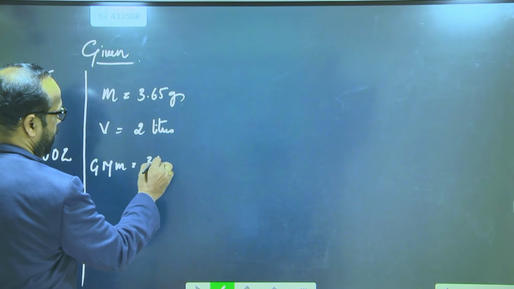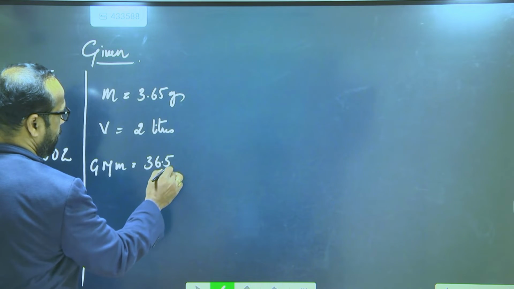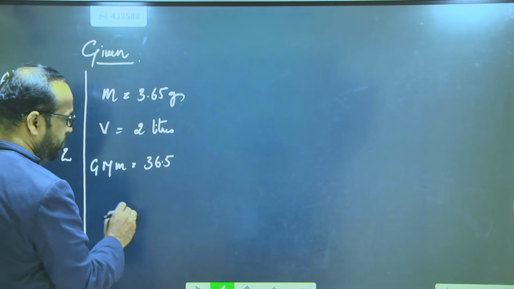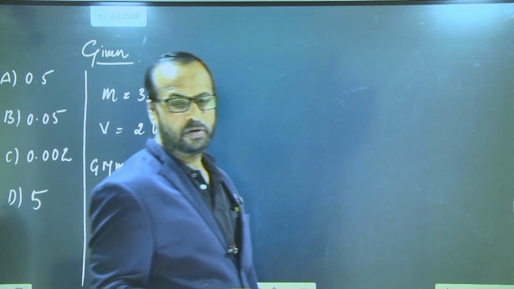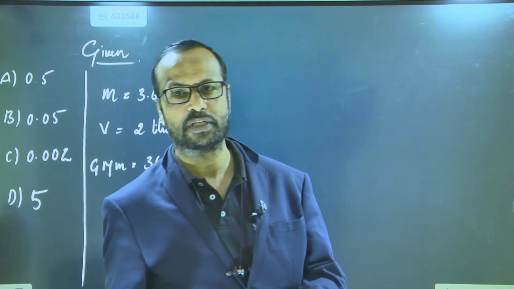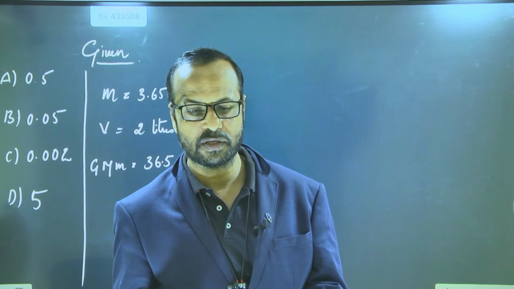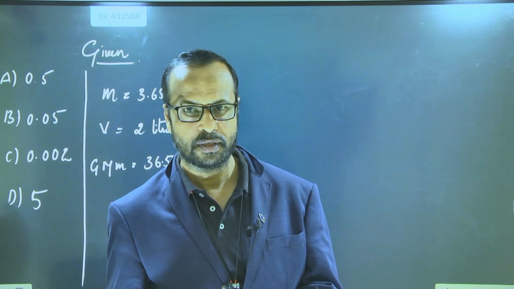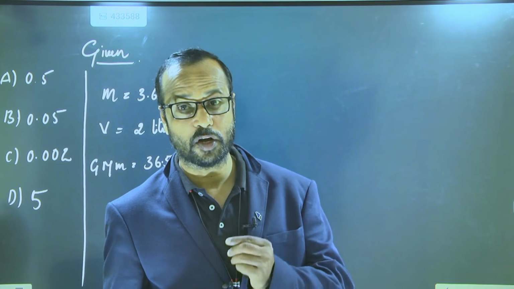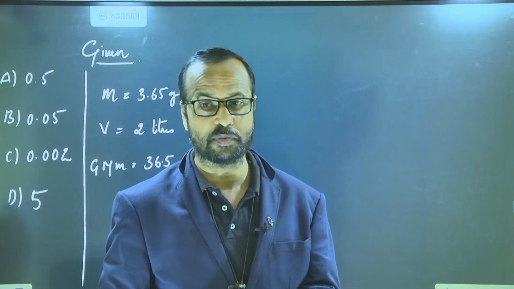Now I'm finding the gram molecular mass of HCl. The molecular mass of HCl is hydrogen 1 plus chlorine 35.5, which is equal to 36.5. You have to learn the first 20 atomic masses, that's most important to solve these problems.